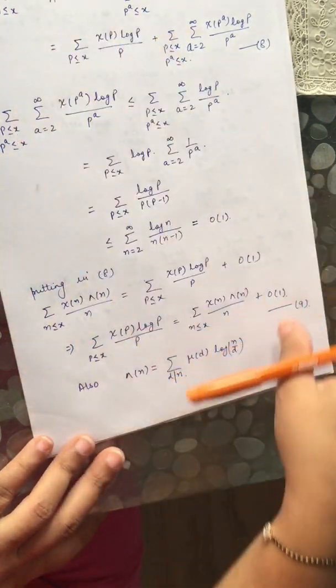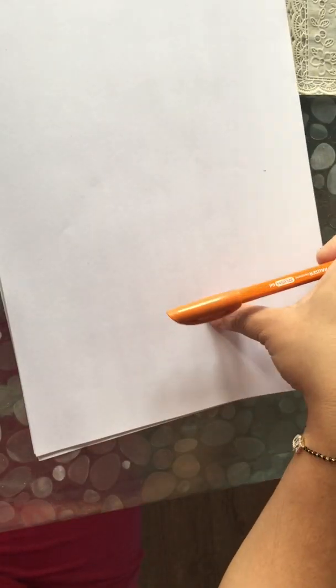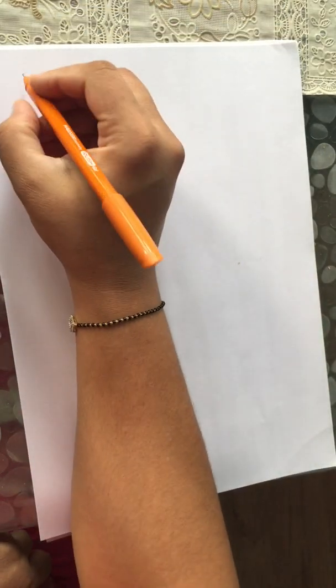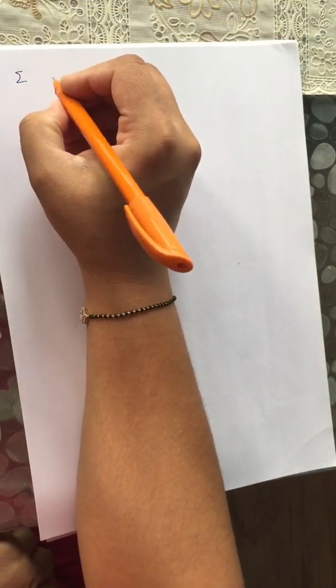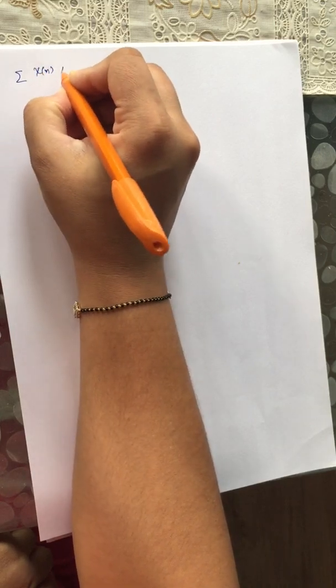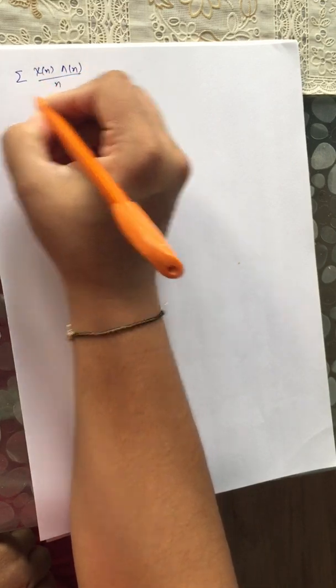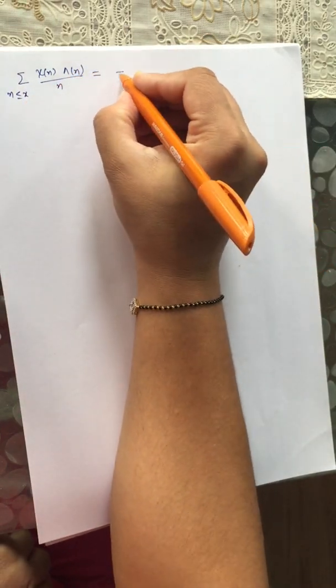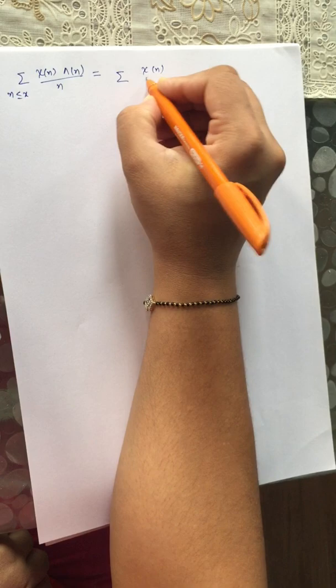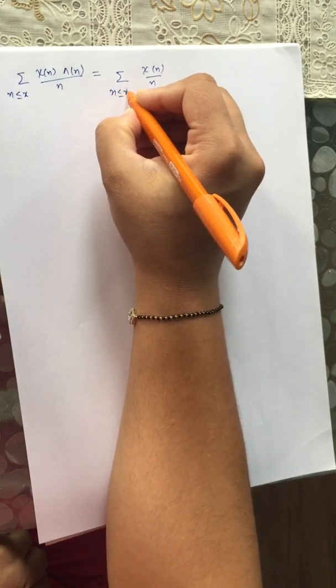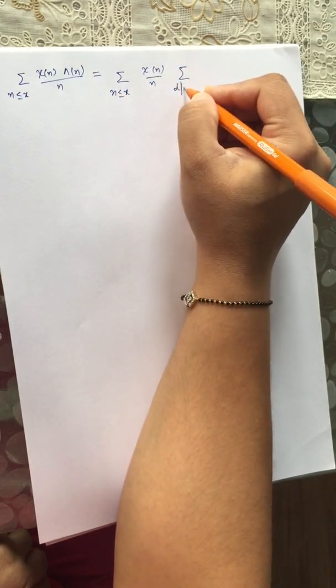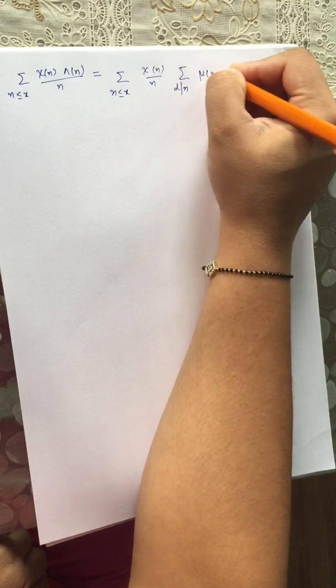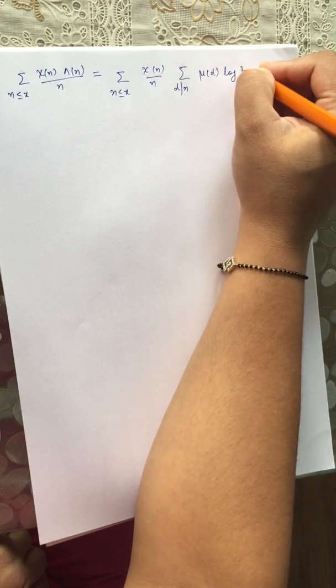So again we start with the same sum: summation χ(n)Λ(n)/n over n less than or equal to x, and put the value of Λ(n). So it will be χ(n)/n, and summation d divides n μ(d) log(n/d).